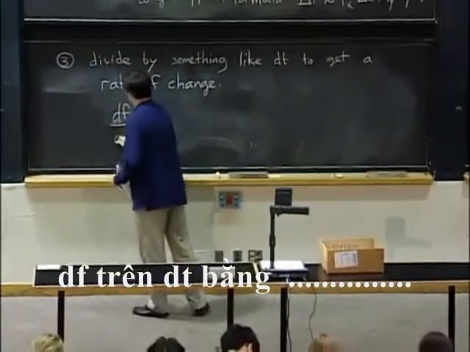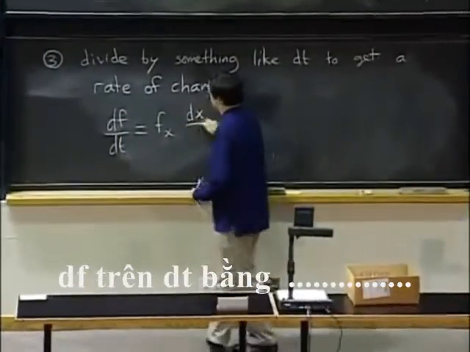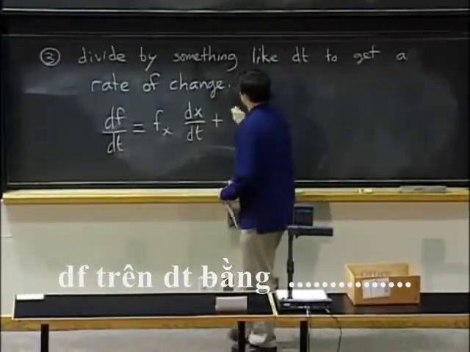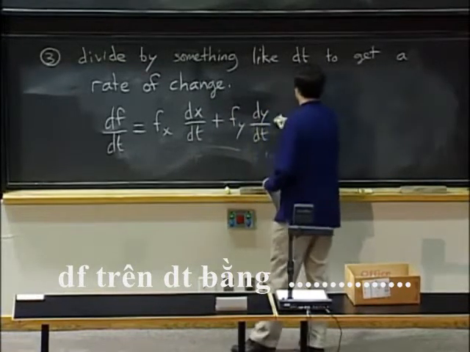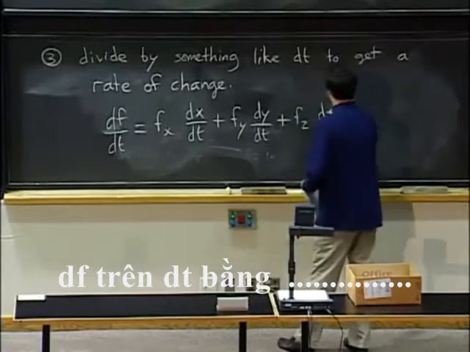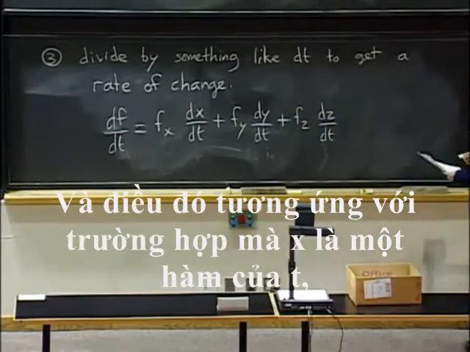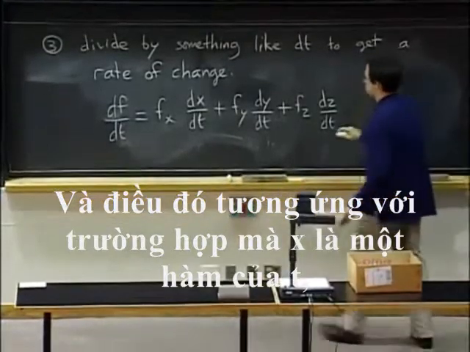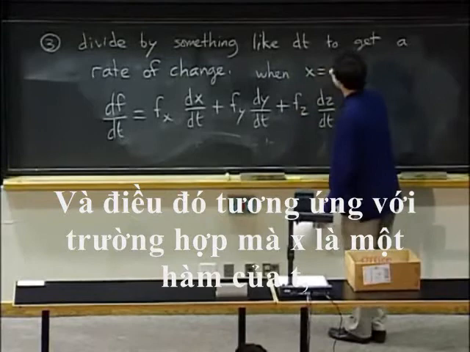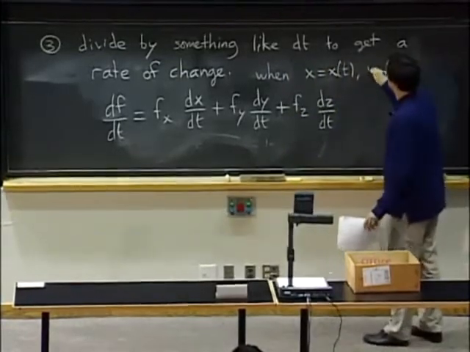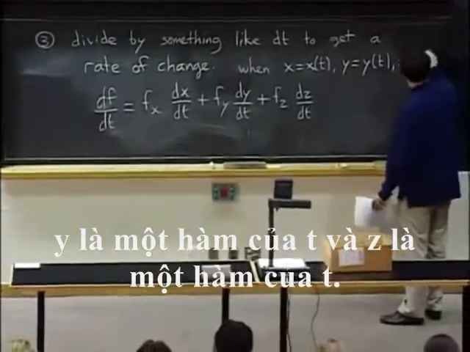Okay, so df dt equals f sub x dx dt plus f sub y dy dt plus f sub z dz dt, and that corresponds to the situation where x is a function of t, y is a function of t, and z is a function of t.